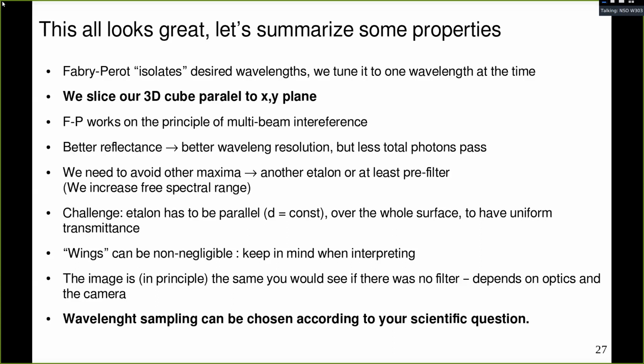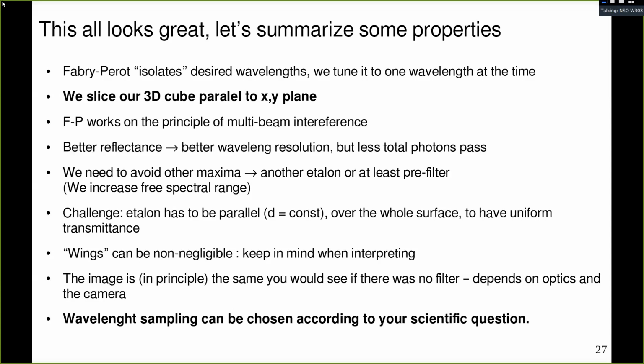We will see next time that when we look at the spectrograph, this is not the case. A spectrograph disperses your light, and what you get is roughly uniform sampling in wavelength. It's interesting in one way because you can observe a lot of wavelengths at the same time, but it doesn't allow you this kind of flexibility.